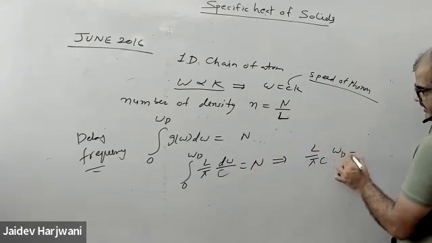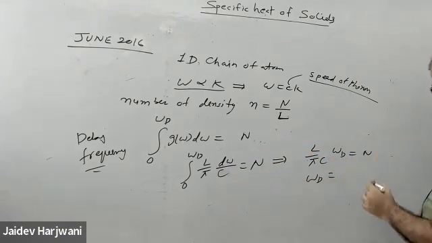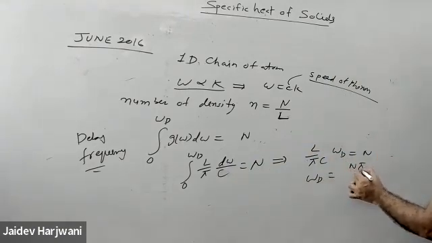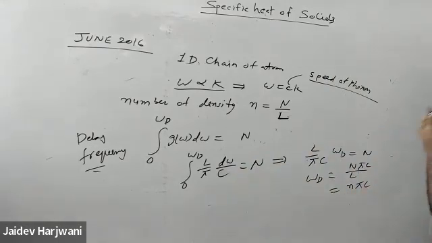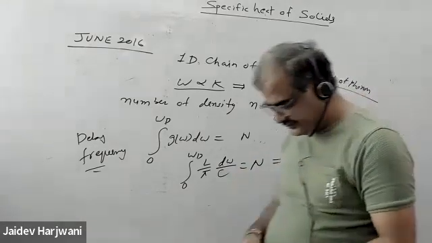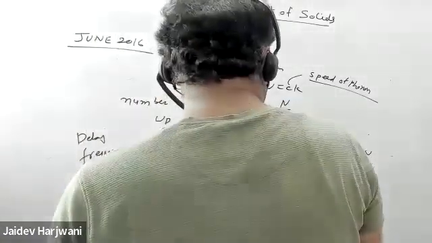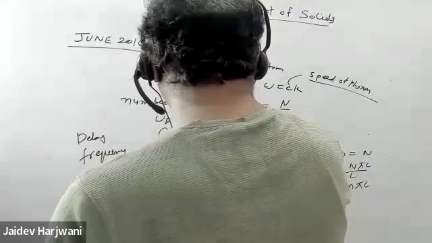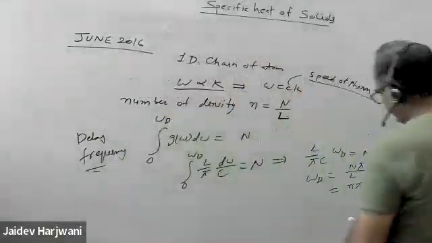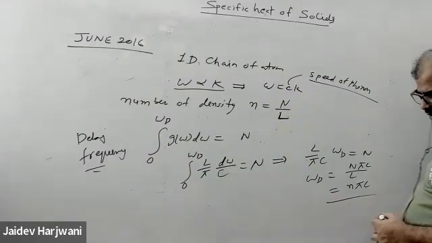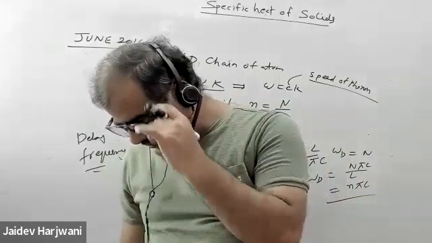So this will give omega_D equal to N, and omega_D is coming equal to N pi c upon L. So this is the correct answer. But none of the options is matching, but this is the correct answer.